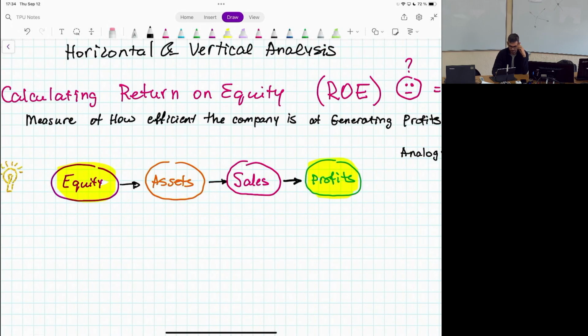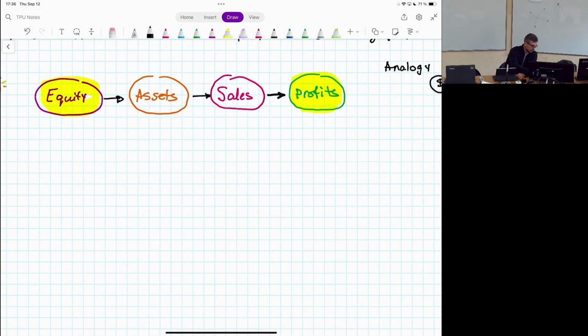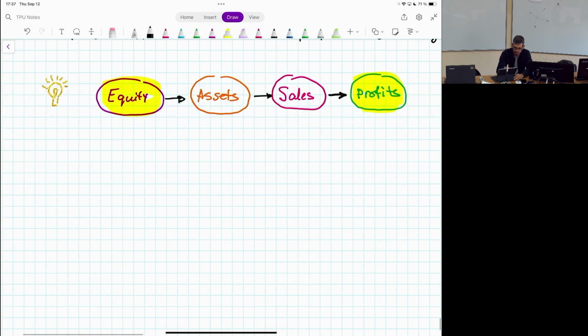Now, the first component in the return on equity is profit margin. Three components of return on equity.